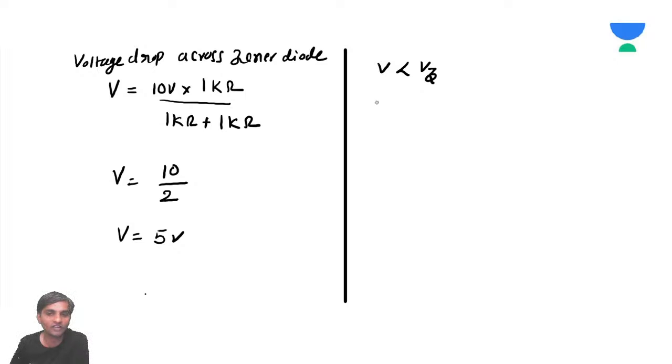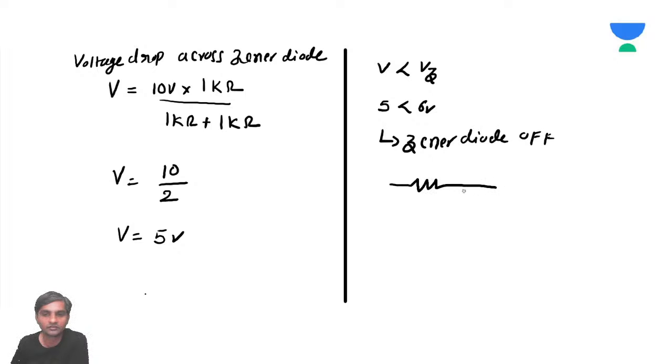So Zener is off here, because this 5 volts is less than 6 volts, which makes the Zener diode off. Zener diode off. It means now, how does the circuit look, sir? This Zener diode is open circuited.